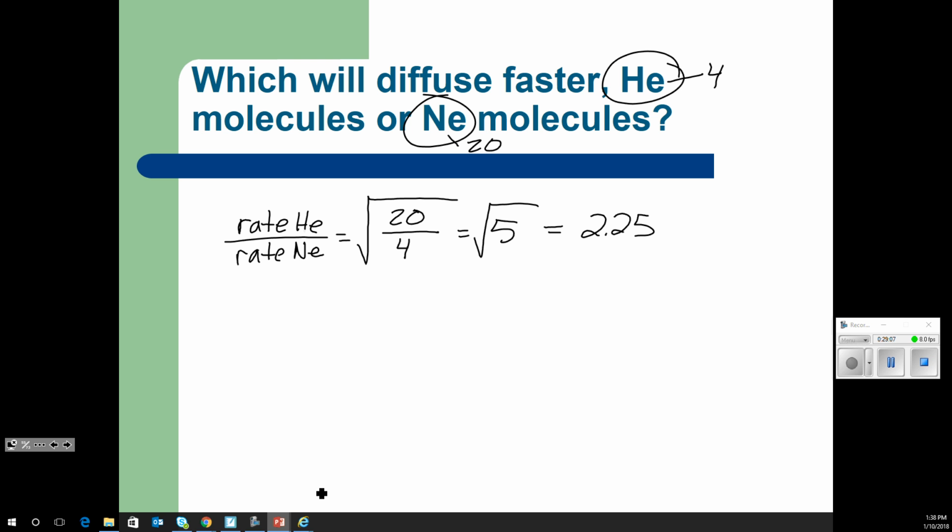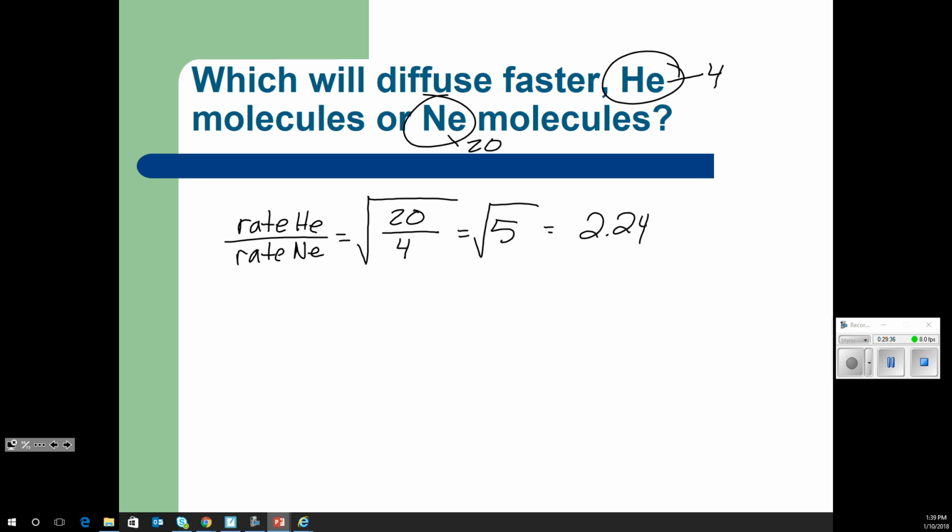2.25, I think. So which one's faster? Helium. It's lighter. It's going to move faster. Is it 2.4? I'm off a little bit. I thought it was 2.25, but we're okay. 2.24, okay.